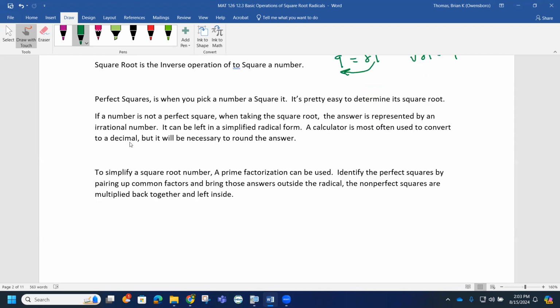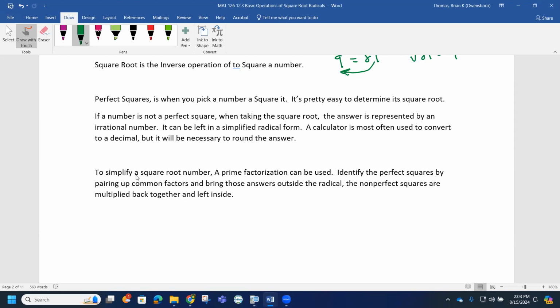Now, if a number is not a perfect square when taking the square root, then the answer is represented as an irrational number. It can be left in what we call simple radical form. A calculator can be used if I want to turn it to a decimal, and then, of course, we'd have to round the answer as well.